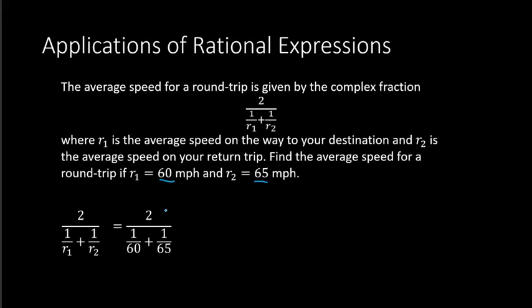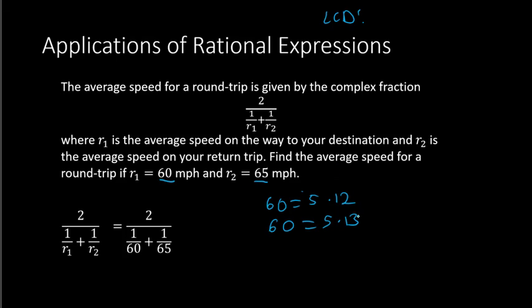So if we're doing it by hand, we can use either method 1 or method 2. And here we're choosing method 1, where you're going to multiply the top and the bottom by the least common denominator. So if you look at the 60 and the 65, we need to find the least common denominator of those two numbers. Well, 60 is 5 times 12, and then 12 can break down further, and then 65 is 5 times 13.